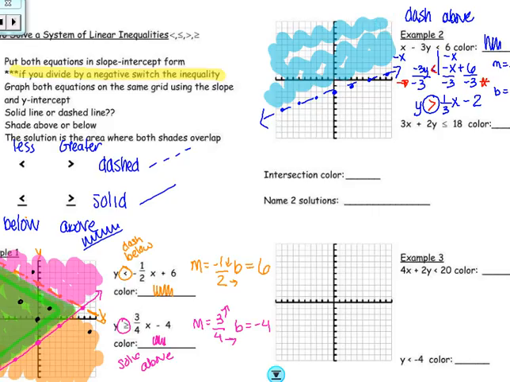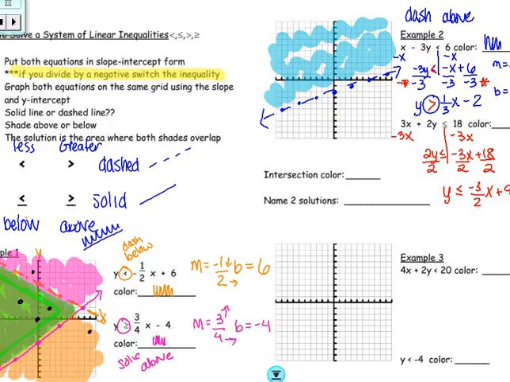Okay. Next inequality. 3x plus 2y is less than or equal to 18. This one's not y equals mx plus b, so we have to solve it. Minus 3x. 2y is less than or equal to -3x plus 18. Divide by 2 gives me y is less than or equal to -3 over 2 x plus 9.